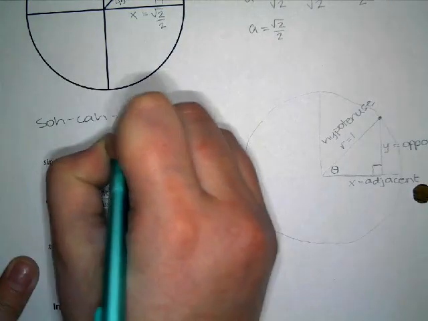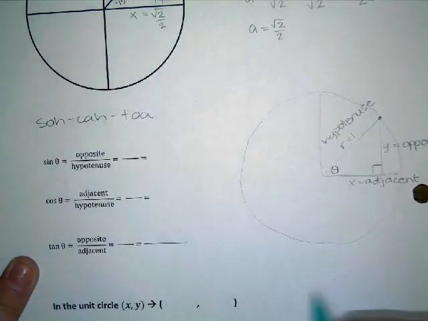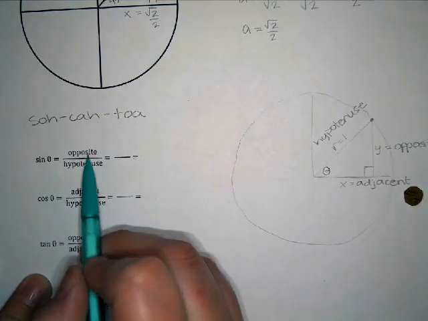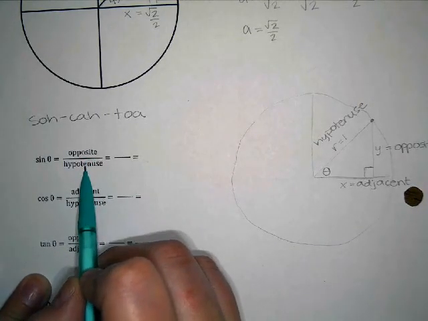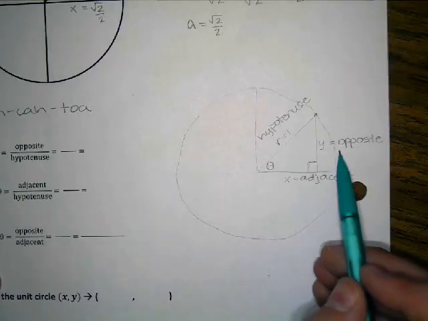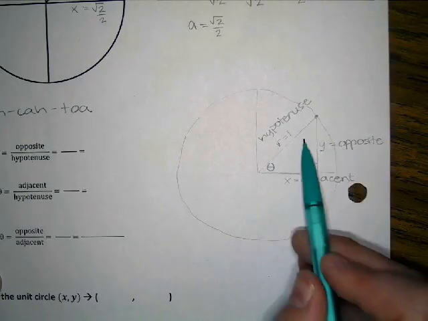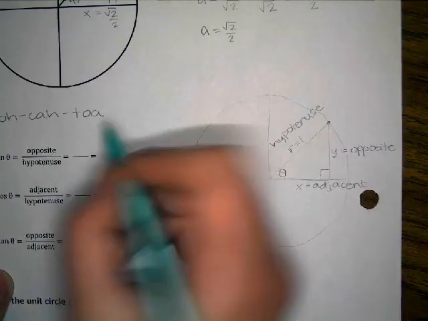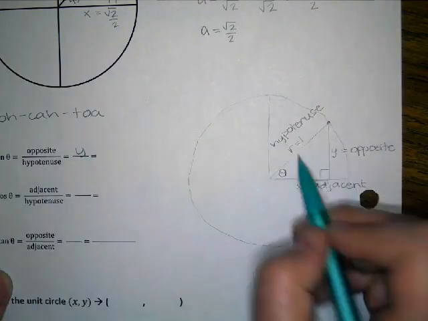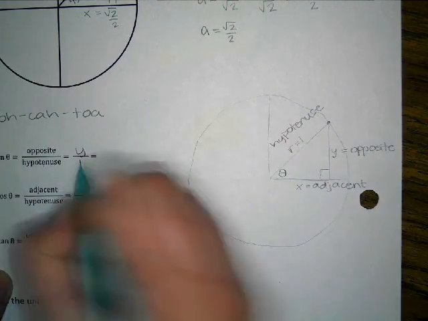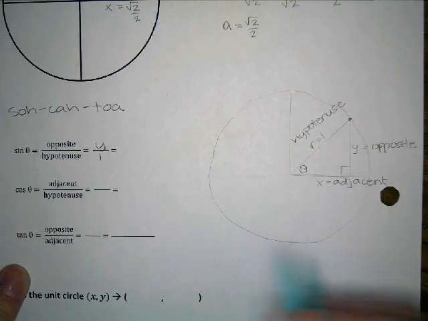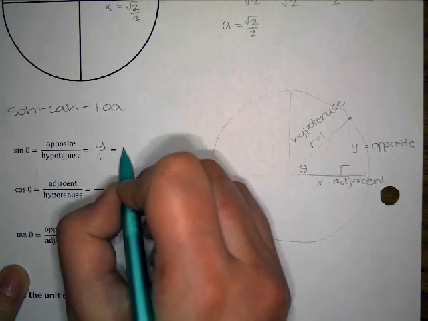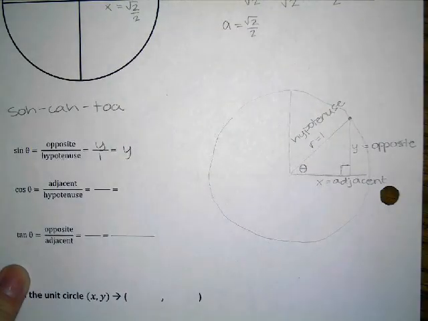So if I write down the sides for opposite over hypotenuse, I would get y over r, y over the radius, which is 1, and y divided by 1 is y. So in the unit circle, sine of the angle is just the y coordinate on the unit circle. Okay?